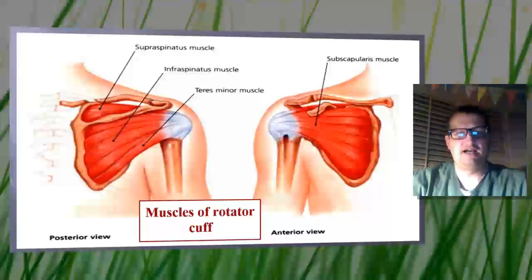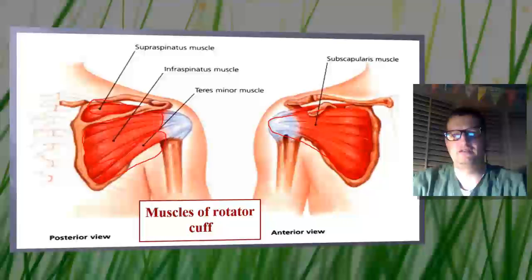This just highlights the rotator cuff muscles and shows exactly what they are. So you have the supraspinatus, the infraspinatus is this muscle complex here, and then the teres minor here. This is a posterior view. If you're looking anteriorly, then you have the subscapularis, which is this large triangular muscle right here.